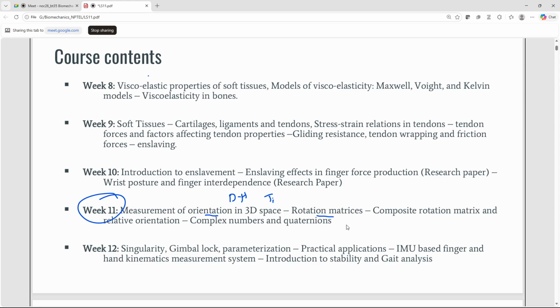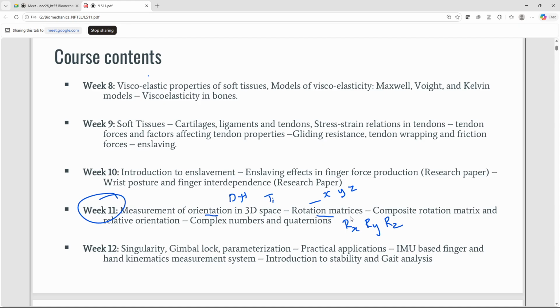We can fix our Cartesian coordinate frames, and these frames can be rotated to get the new or intended position. That rotation we can convert into three rotations, about x, y, and z. So the rotation matrices will be Rx, Ry, and Rz.